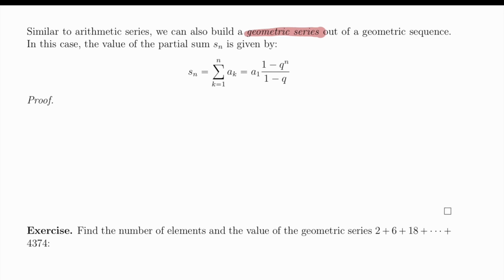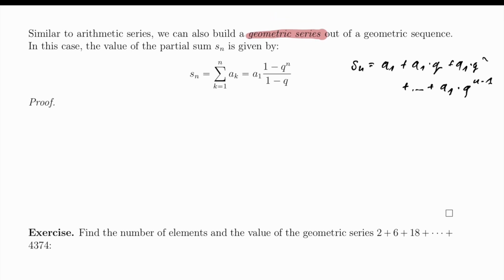So here Sn basically would be a1 plus a1 times q, the second element, plus a1 times q squared, plus, and so forth. And then the nth element, we saw that is a1 times q to the power of n minus 1.